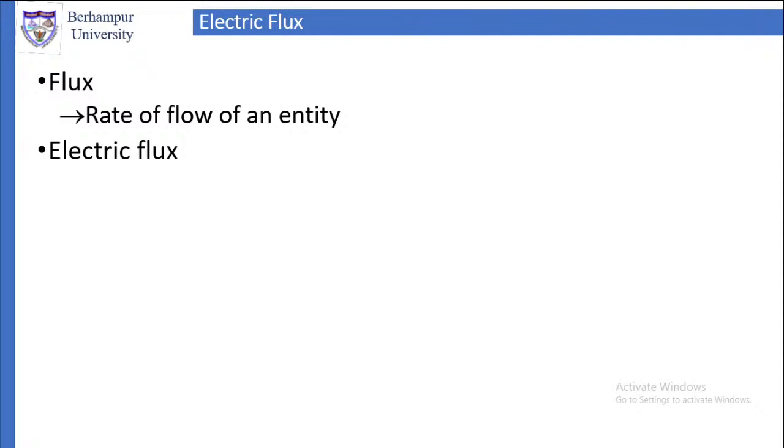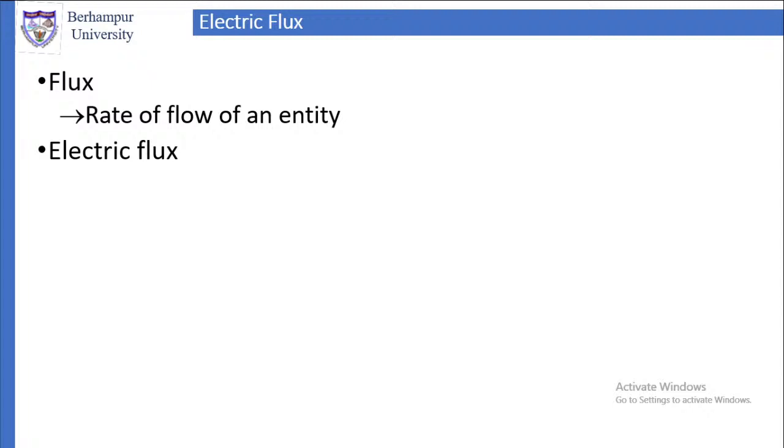It can be any rate of flow, particularly if the entity is within a volume, then it is the volumetric rate of flow. If the entity is passing an area, then it is the rate of flow across an area. So that will be the rate of flow.